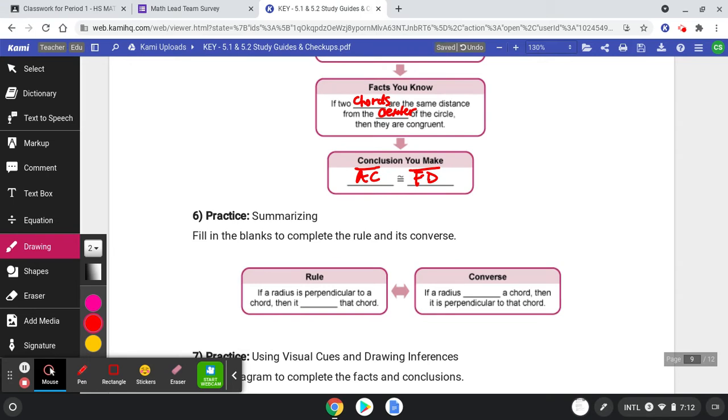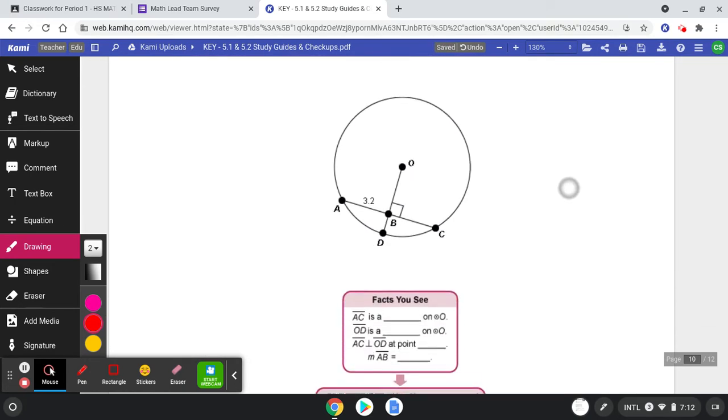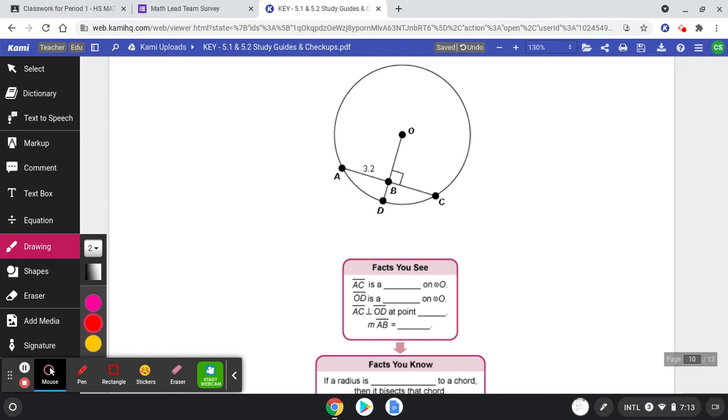If a radius is perpendicular to a chord, then it bisects the chord. And if a radius bisects a chord, then it is perpendicular. And then here's an example of that. AC is a chord on circle with center O. So OD is a radius. If AC is perpendicular to OD at point B, the measure of AB is equal to 3.2.